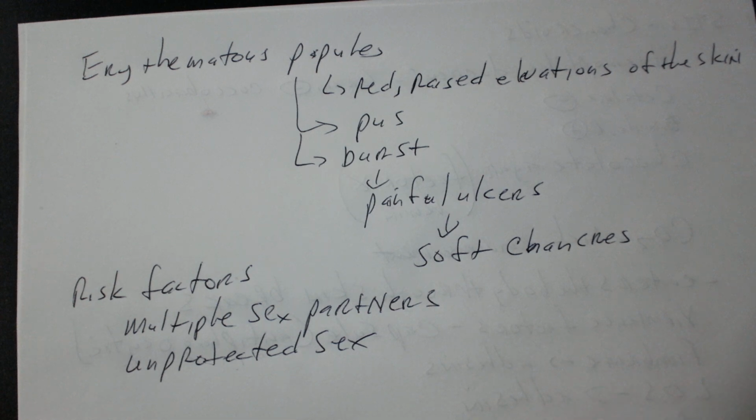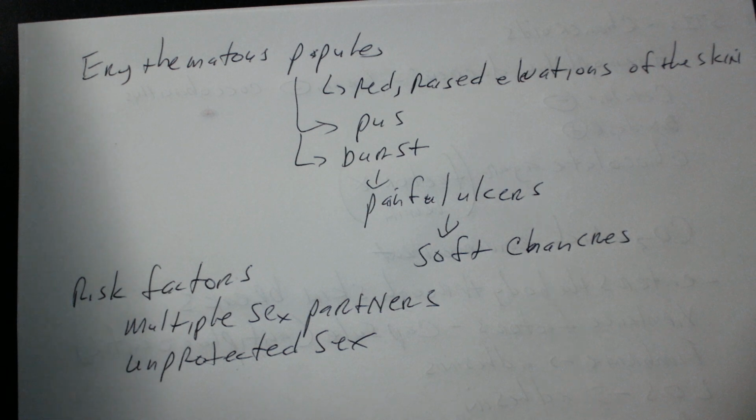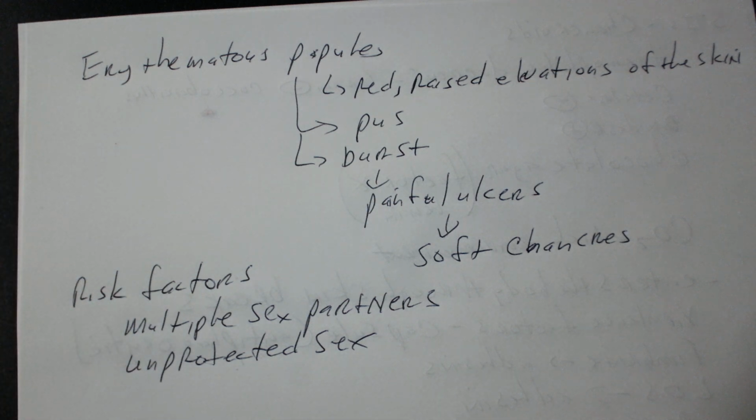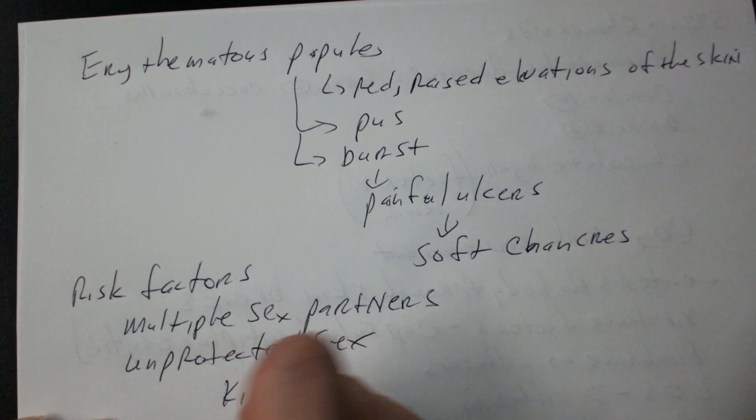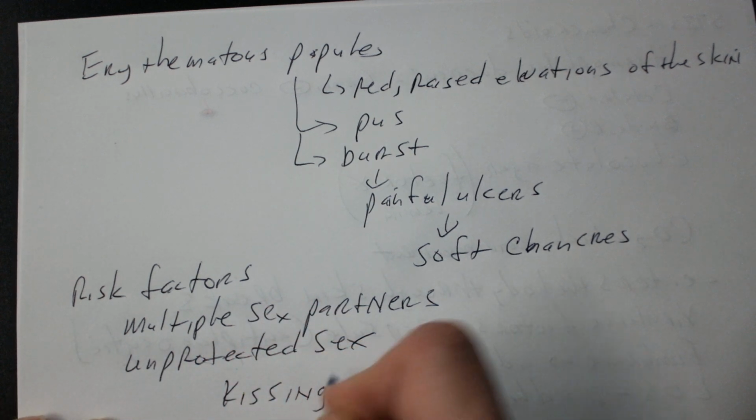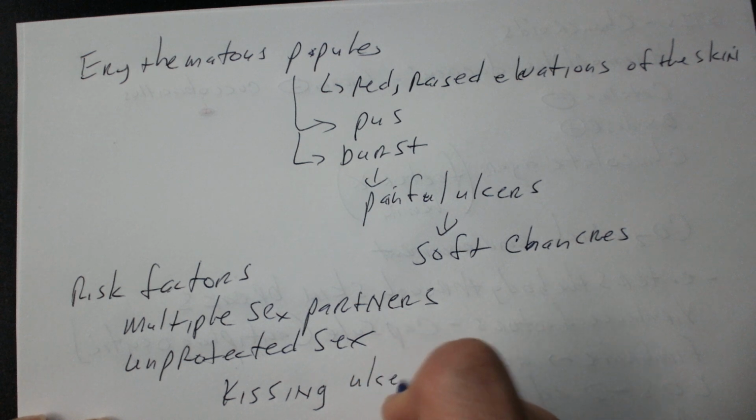Commonly you'll get lesions where adjacent tissues make contact. Those are sometimes called kissing ulcers.